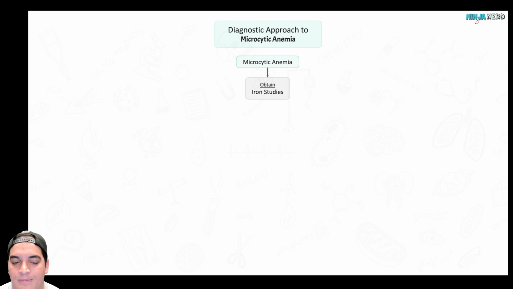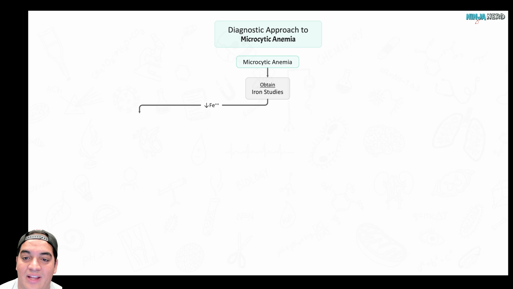Iron studies. When I obtain iron studies, there's a couple different things that you look at. You look at the iron, you look at the ferritin, you look at the transferrin saturation, and you look at the TIBC. When I look at these, the first thing I like to know is what's the iron? If the iron's low, what this tells me is that it's most likely to be either iron deficiency anemia or anemia of chronic disease.